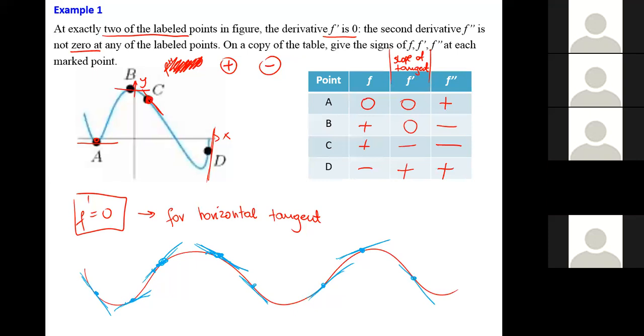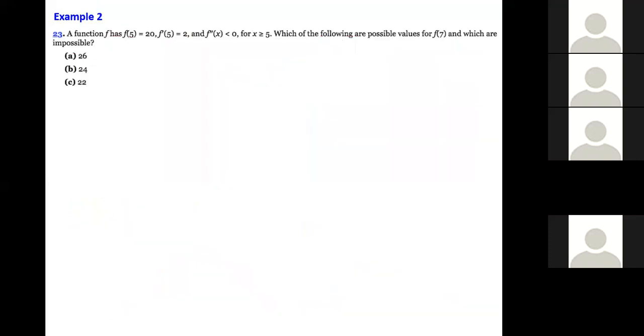Okay, I gave you a few seconds to digest. Okay, let's keep moving. Example number 2. What we have? Another question to understand the concavity all together. A function f has the value at 5 of 20, the value of the derivative at 5 is 2, and the value of the second derivative for all values greater than 5 is negative.